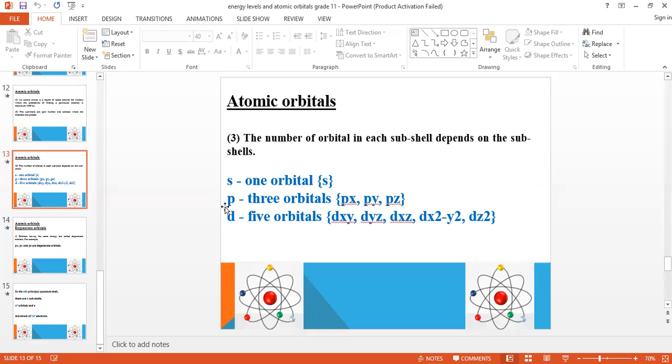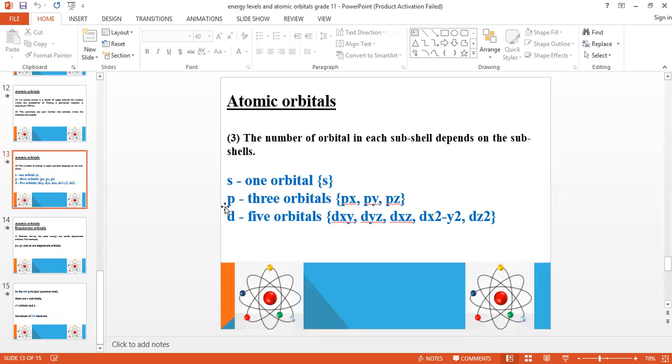Page number 31 from your chemistry book. Figure number 2.19a is for the S orbital. Then b shows the 3 2p orbitals, meaning px, py and pz. Why do they write 2p?